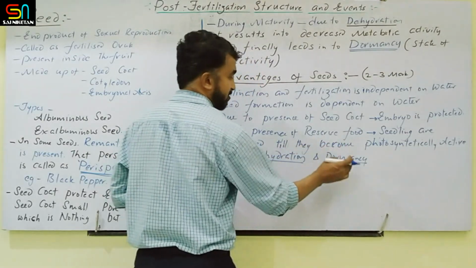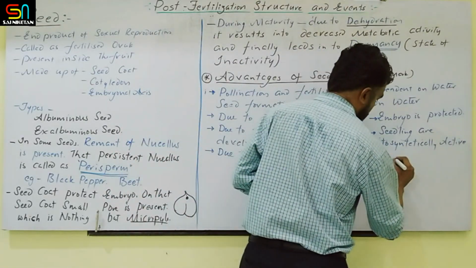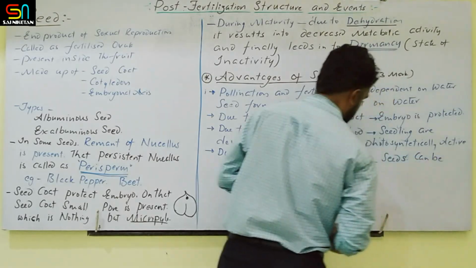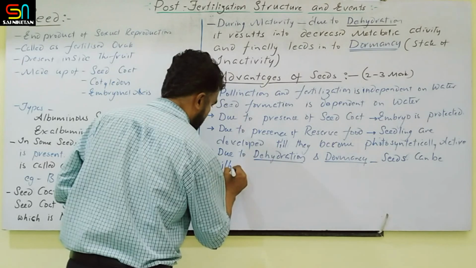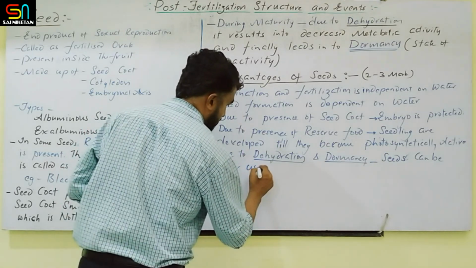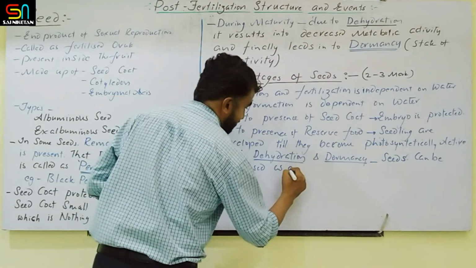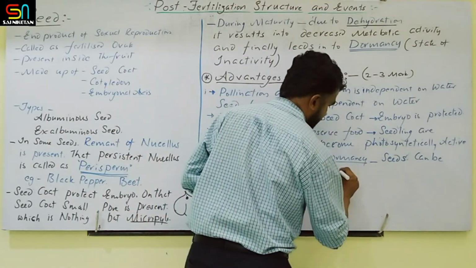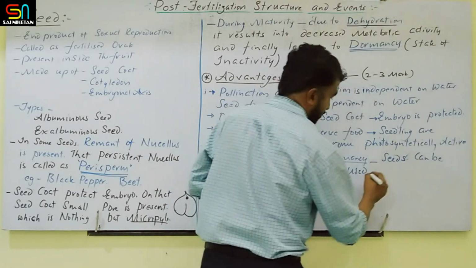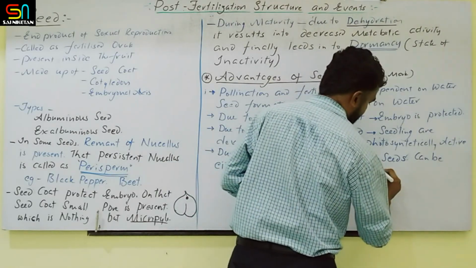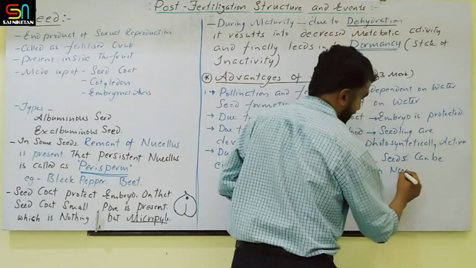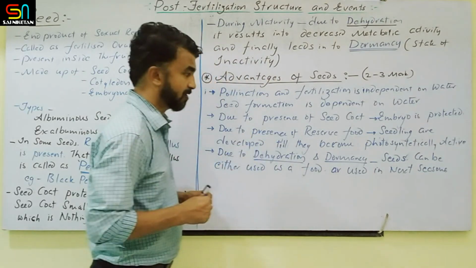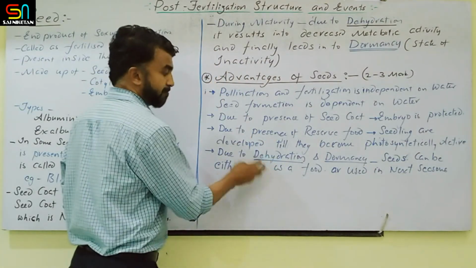Due to the dehydration and dormancy, seeds can be either used as a food or used in next seasons as seeds. So this is the main character.